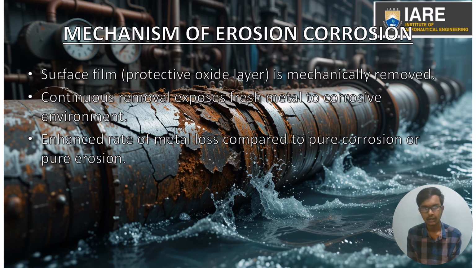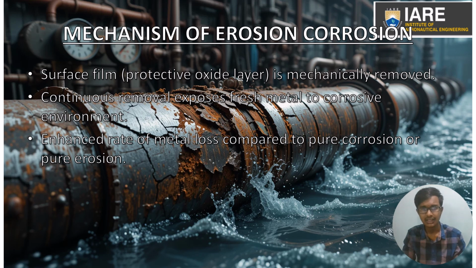Now let's go through the mechanism of erosion corrosion. In the first place, the surface film or the protective oxide layer is mechanically removed. Many metals naturally form a thin oxide layer on their surface which acts as a protective barrier against corrosion.